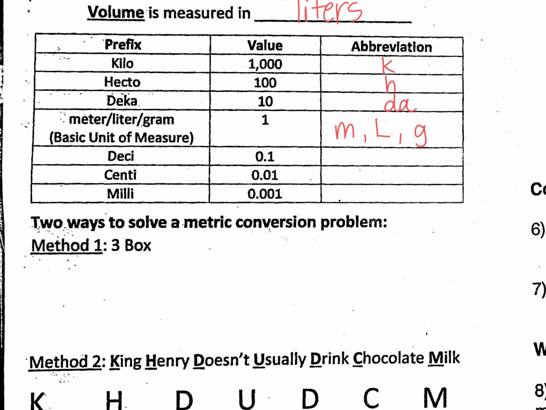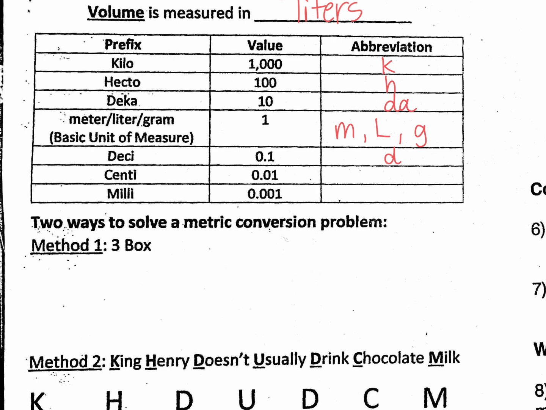Then we're moving down to the deci. So deci is a prefix to represent 1/10. So we're starting to get smaller now. So 1/10 for a deci will be represented with a lowercase d. So if I wanted to represent a decimeter, then it would be a lowercase d, m.